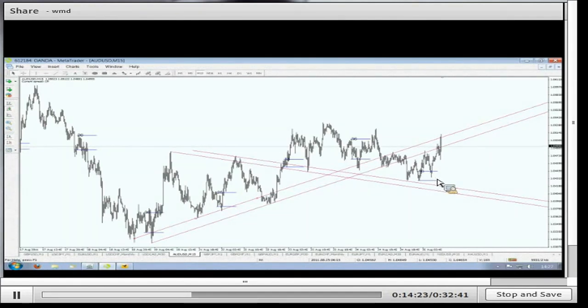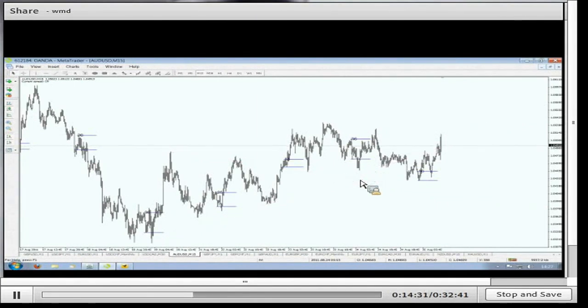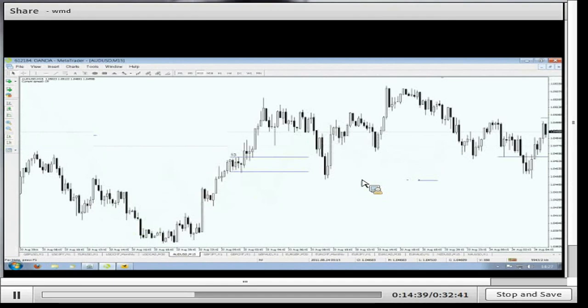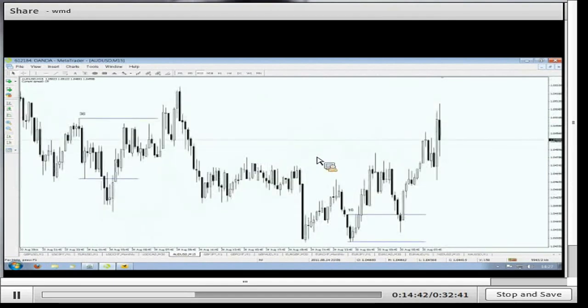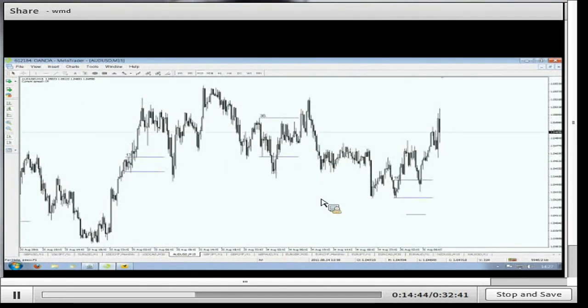And in itself, it doesn't usually give us an entry. But in tandem with something else, in confluence with a trend line or an SR level or something like that, we can take entry off of it.